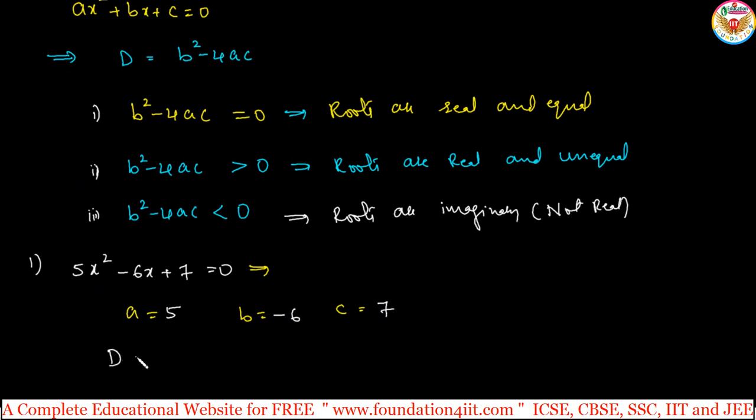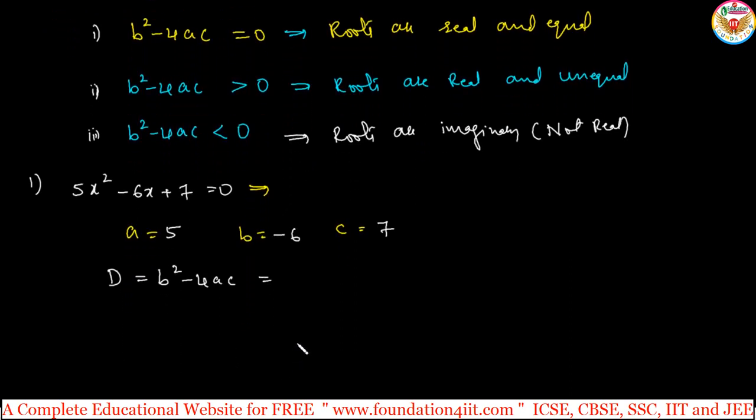We have to find the discriminant, b square minus 4ac. That is minus 6 whole square, minus 4 into 5 into 7. So 36 minus 4 into 5 is 20, again into 7, so 140. Now this value is minus 104.